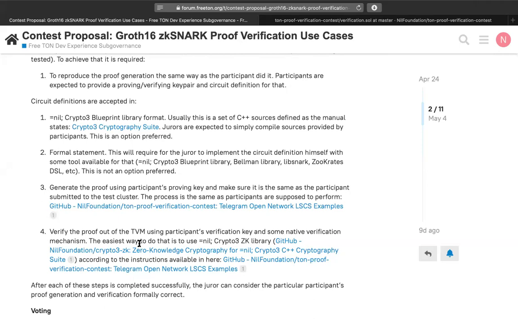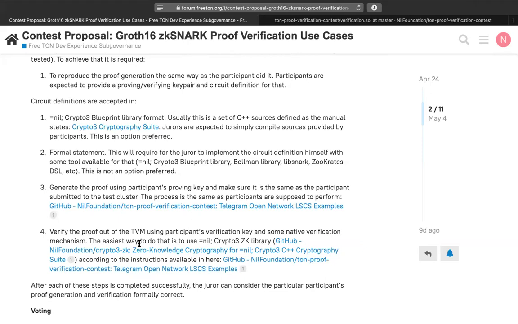In case you're suspecting the participant of something, or you want to be absolutely sure the participant is behaving honestly, you are expected to generate the key pair yourself, using the participant's code.